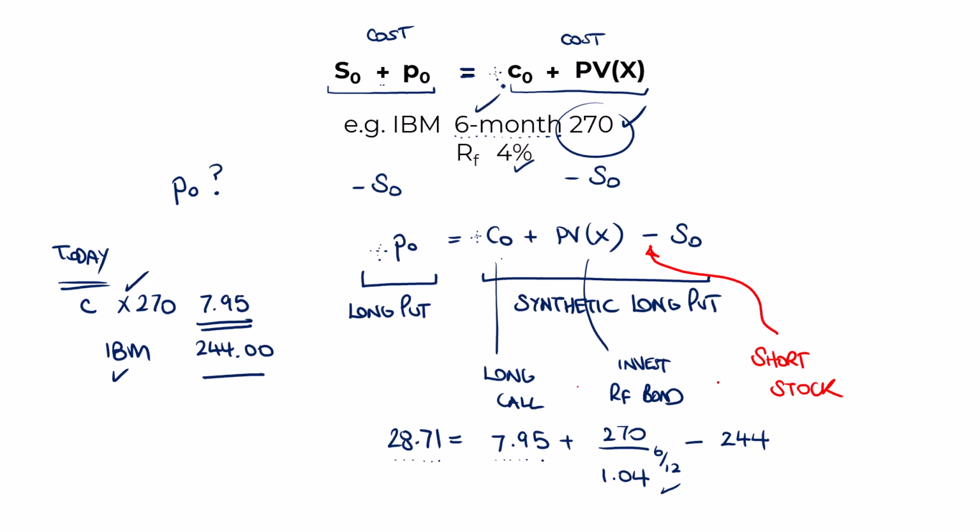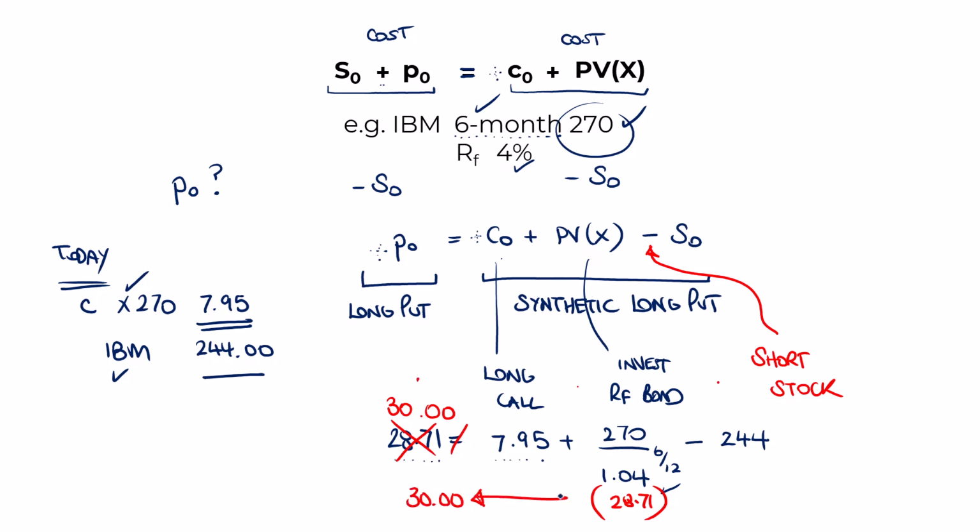What happens if it's not? What if this put is actually at 30? Well, if it's at 30, this is not equal. And you follow the age-old rule of buying low and selling high. We know this side is going to cost us 28.71. If we sell the put, we are going to pocket 30.